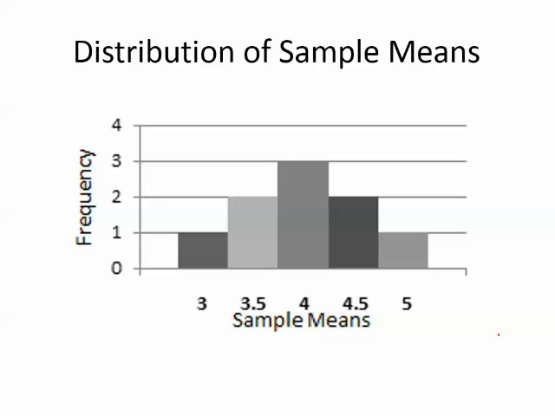Now, the first thing we need to know about this distribution is we need to be able to describe it. As we talked about previously, there are many ways we can describe a distribution. We have a mean, or central tendency, shape, and variability.